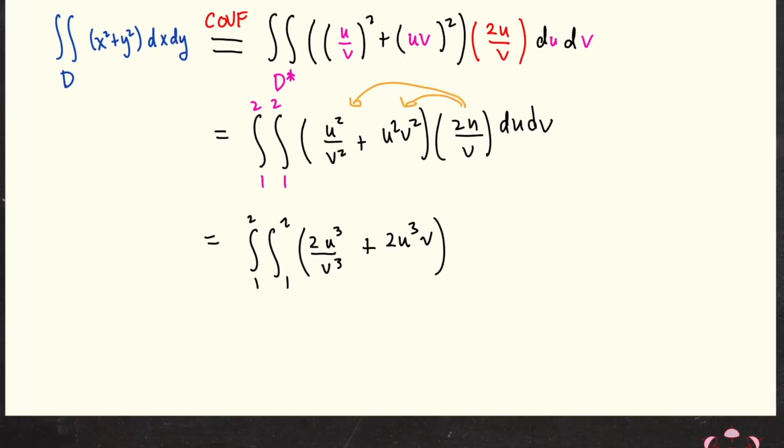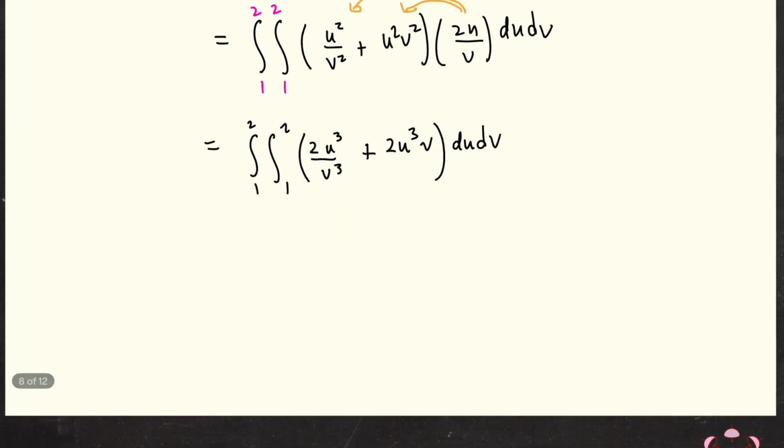So looking at this, before we start evaluating, we can certainly do this as an iterated integral, but take a quick peek at this, right? Notice that I really just have u cubed in both pieces. So I'm going to use the sometimes useful trick to split this up as a product of integrals, 1 to 2, u cubed du times 1 to 2, all the other stuff that has the v.